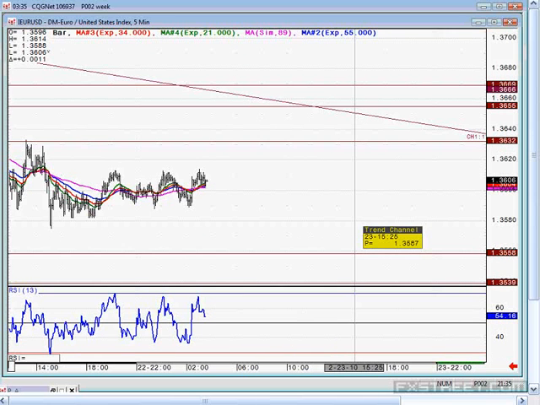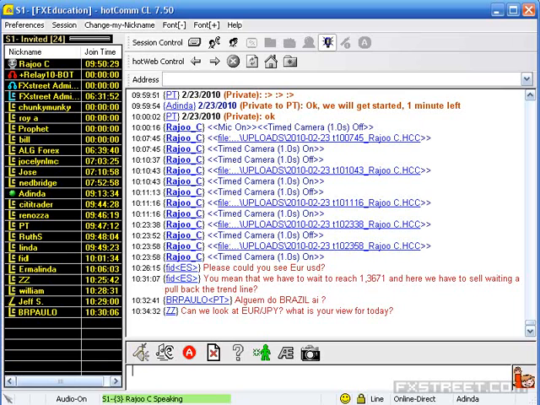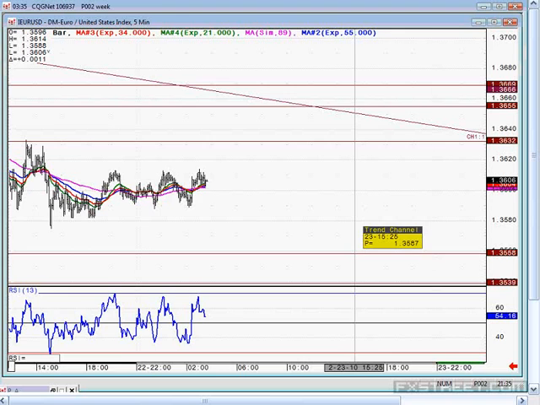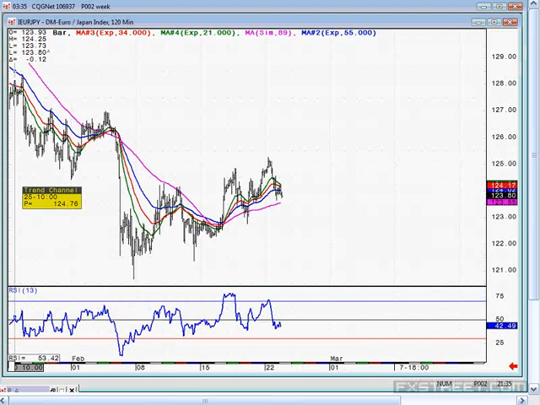The next question is, can we look at euro yen? What is your view for today? Okay, in fact, euro yen. When you trade on crosses, let me show you the chart.